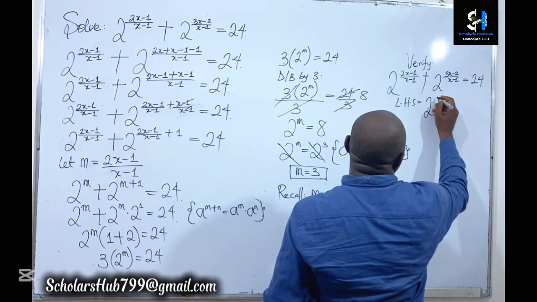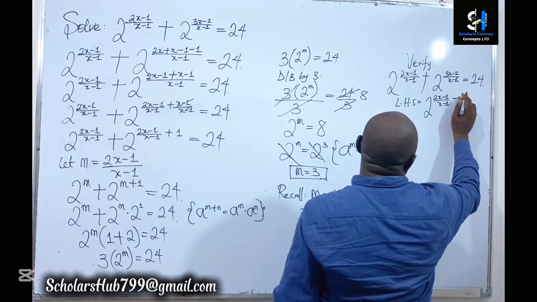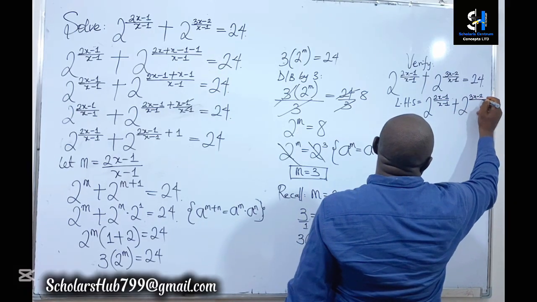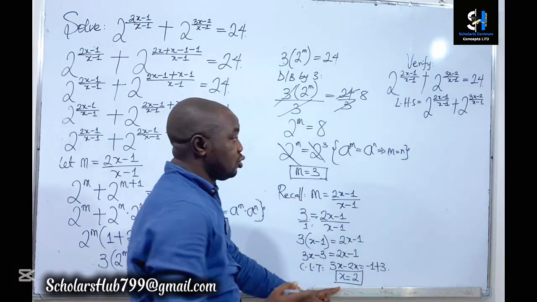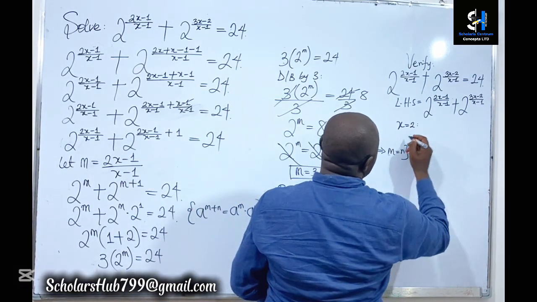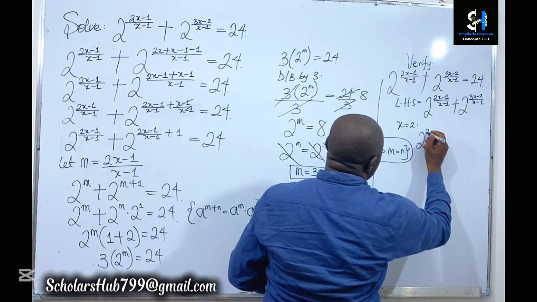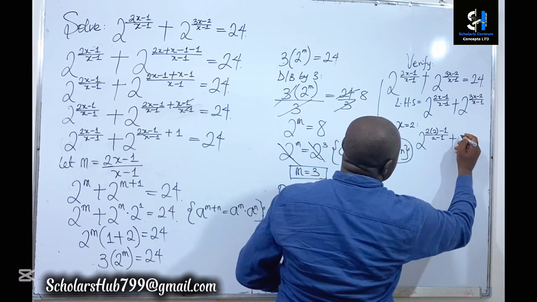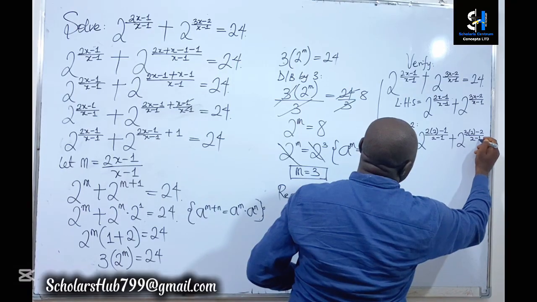Now that the value of x is 2, when x is equal to 2, this will now be 2 raised to the power of (2 times 2 minus 1) over (2 minus 1), plus 2 raised to the power of (3 times 2 minus 2) over (2 minus 1).